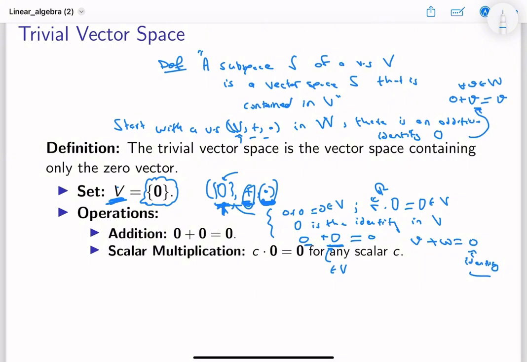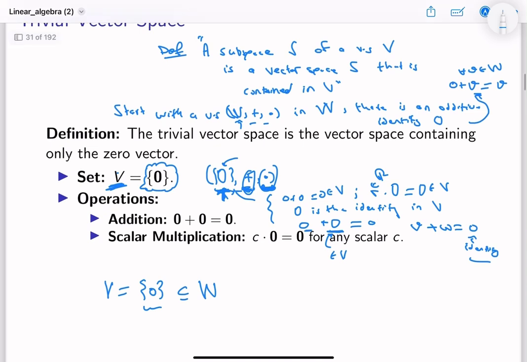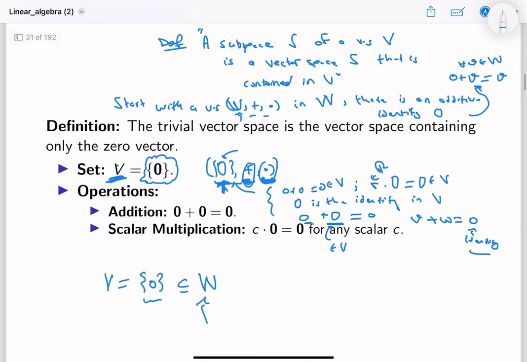But hold on, V is 0, and this as a set is a subset of omega, right? So this vector space as a set is a subset of the set omega. But this is a vector space and this is a vector space.